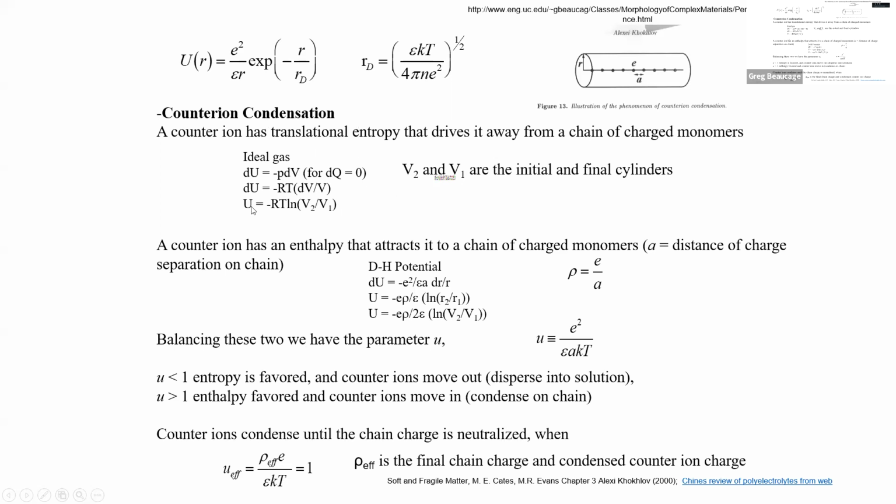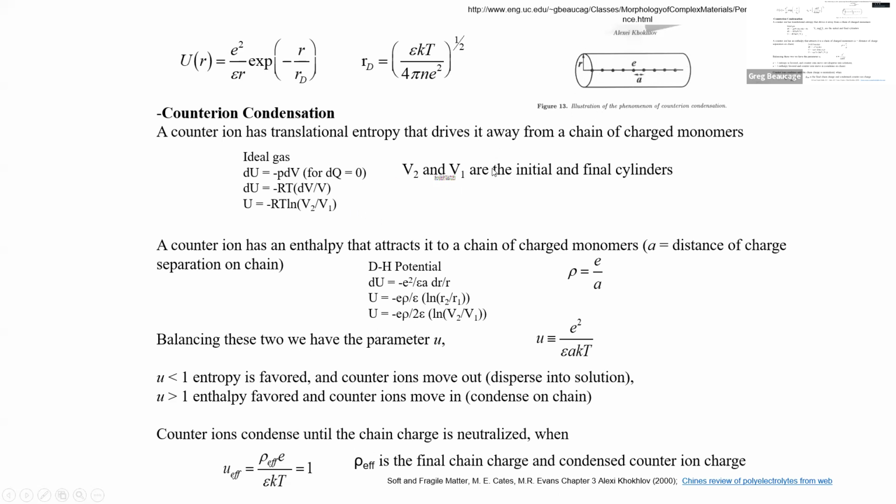So you have a cylinder, which is basically the chain, and the cylinder is the persistence length times a diameter. You're trying to get, in the end, how the persistence length is increased by the electrostatics of this thing.